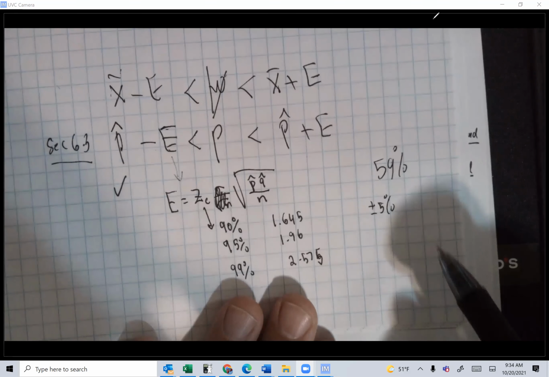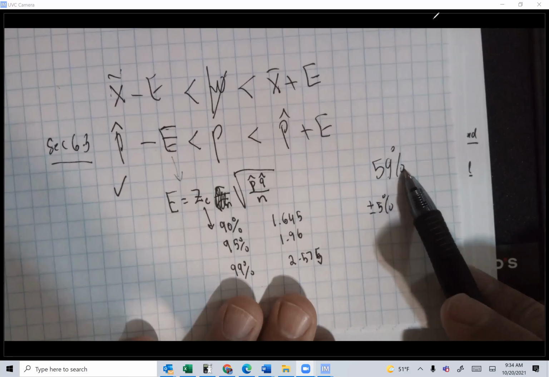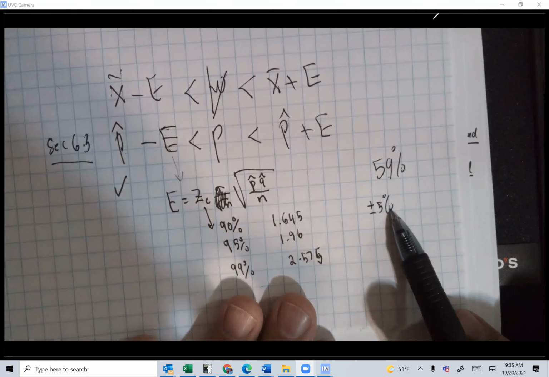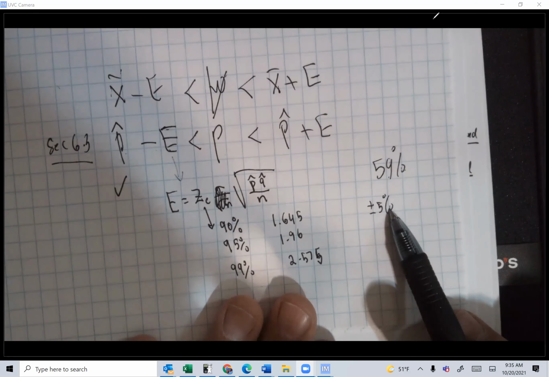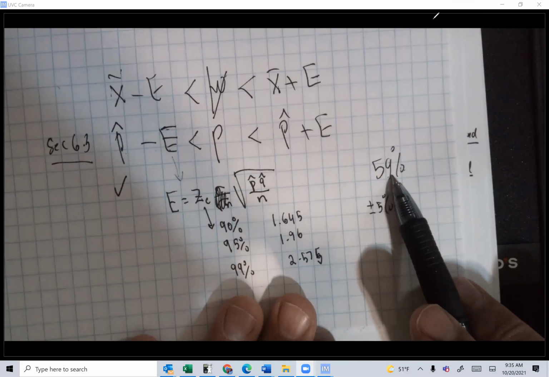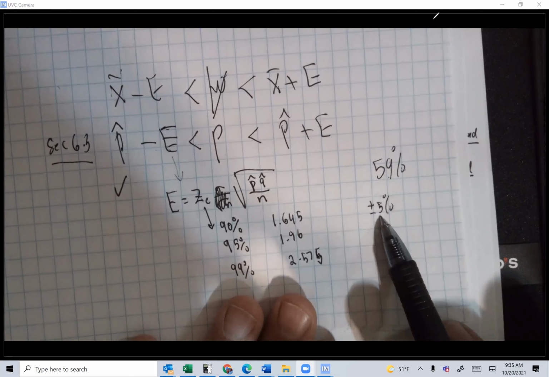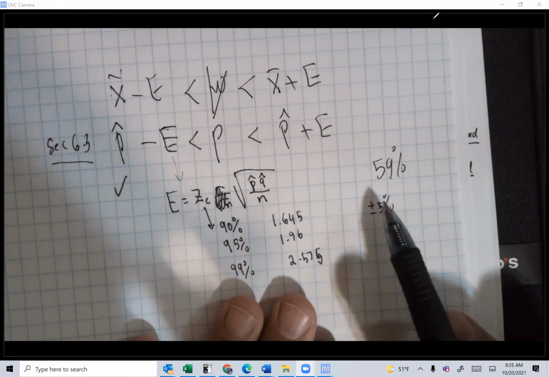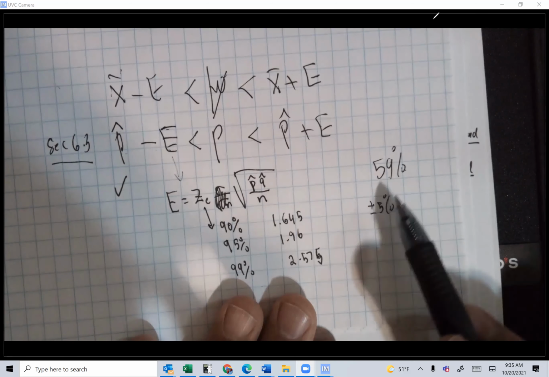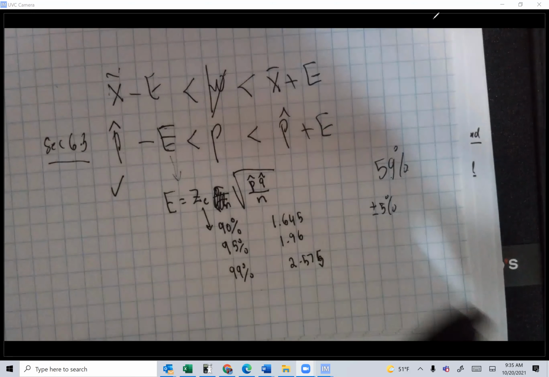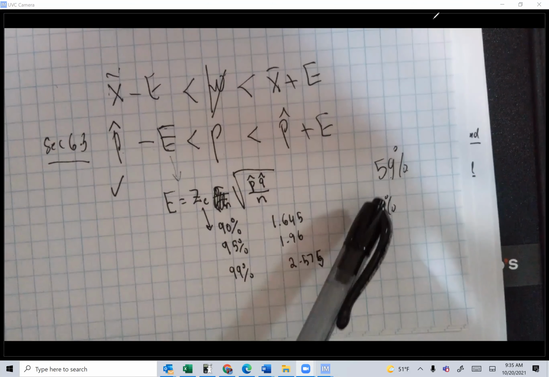And the 59%, guys, is the P hat. And the plus or minus 5% is the margin of error for your information. So this is a P hat, and this is the margin of error. And how do they figure out the interval? It's 59 minus 5, which is 54, and 59 plus 5 will be 64. So the proportion is between 54% and 64%.